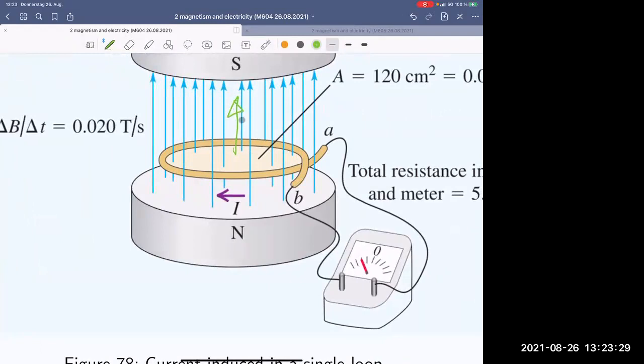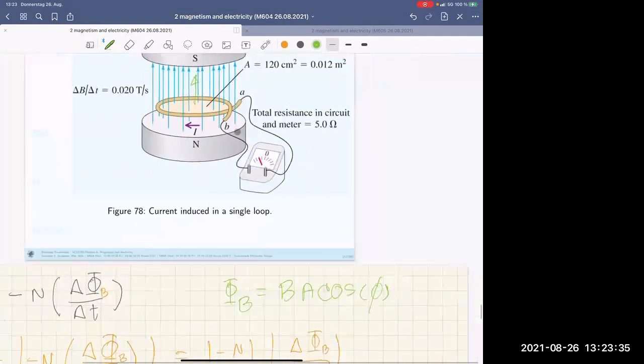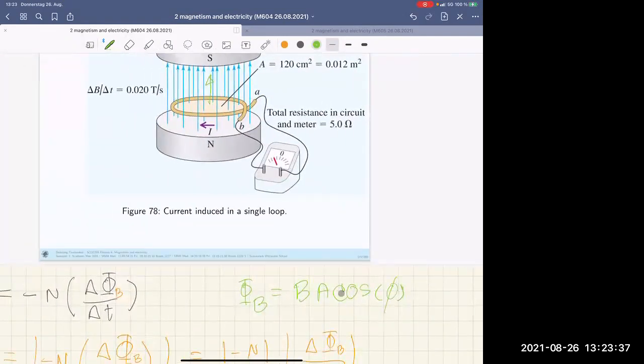So the angle between these two vectors is 0 degrees, right? So we can substitute 0 into this one, and the cosine of 0 is going to be 1. B changes with time, but the area doesn't change.